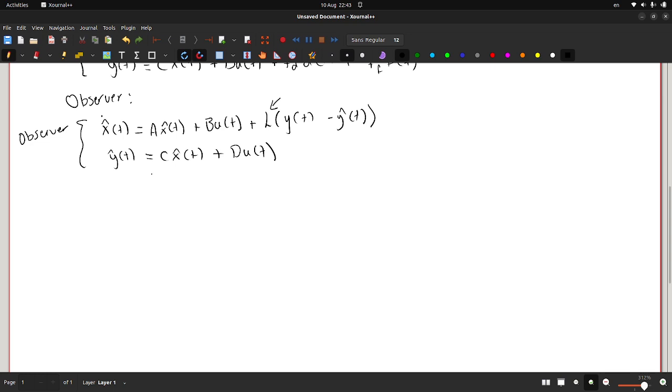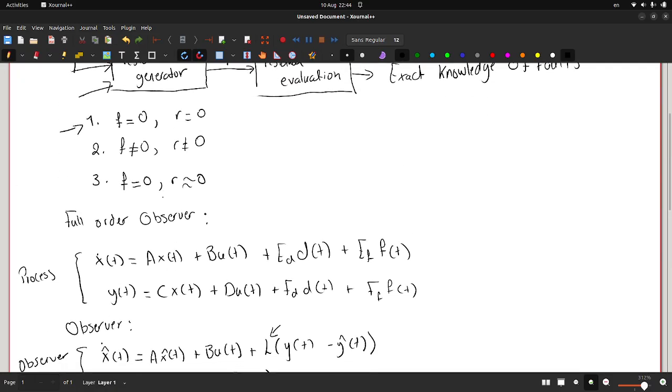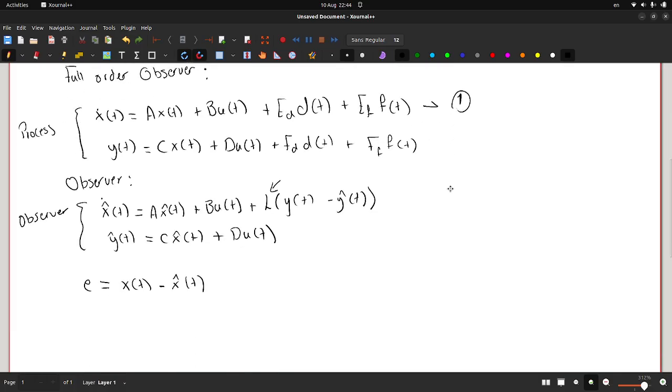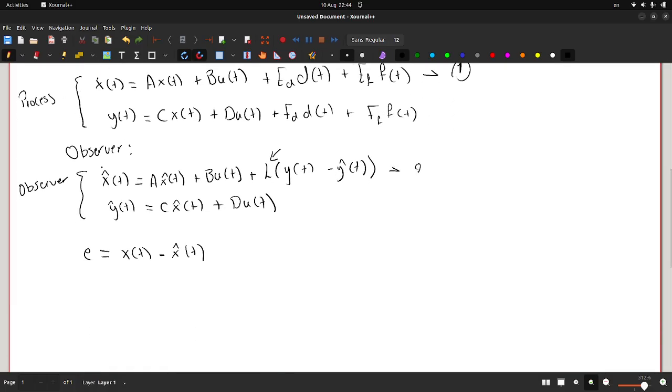So let us introduce a new parameter, which is the error, and let us denote it as e of t equals x of t minus x hat of t, and let us substitute equations 1 and 2 here.